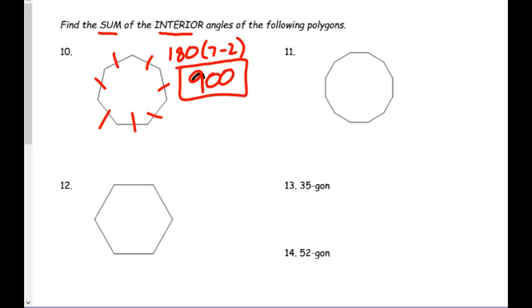on the inside. Okay, 1, 2, 3, 4, 5, 6, 7, 8, 9, 10, 11, 12.